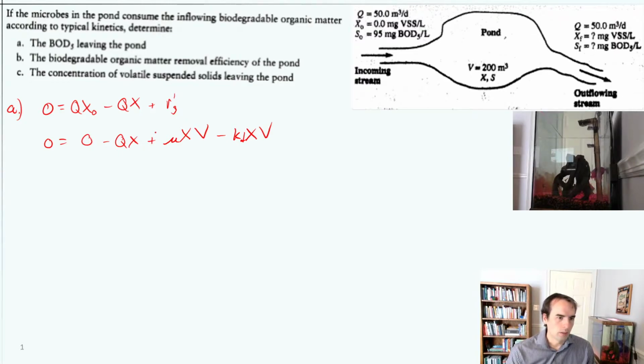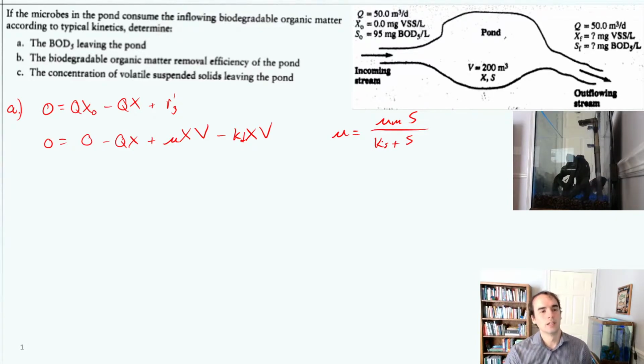One thing we can do is we know something about mu. We learned last time that mu is equal to mu max times S divided by Ks plus S. Mu max is just the rate constant for growth, and Ks is the amount of substrate where the bacteria are halfway to the maximum growth speed.